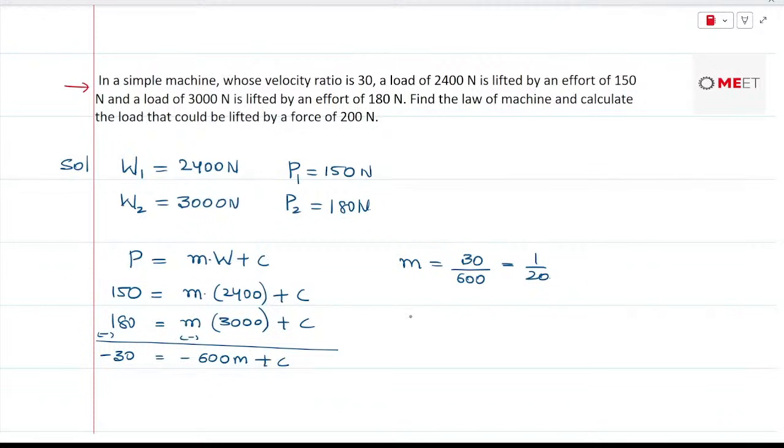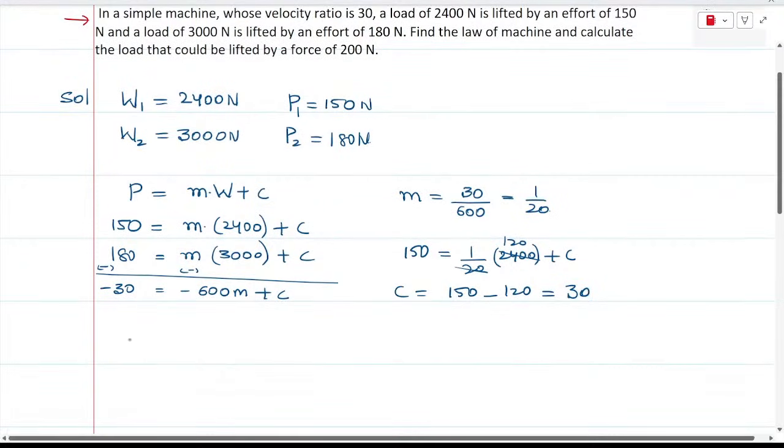Now the value of C needs to be calculated. So 150 is equal to 1 by 20 into 2400 plus C. So C will be 150 minus 120, which is equal to 30.